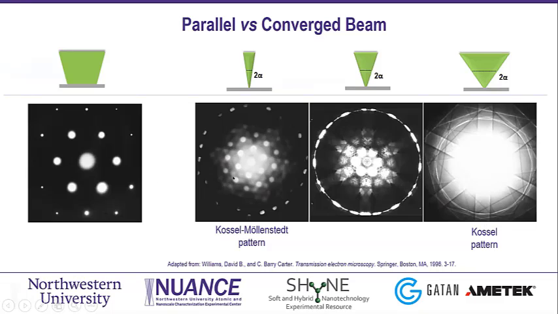So you can use this variety of modes in convergent beam to determine different properties of materials. Here, one fun fact that I learned this week: this picture in the middle was actually taken by Professor Reis, who just talked earlier today.